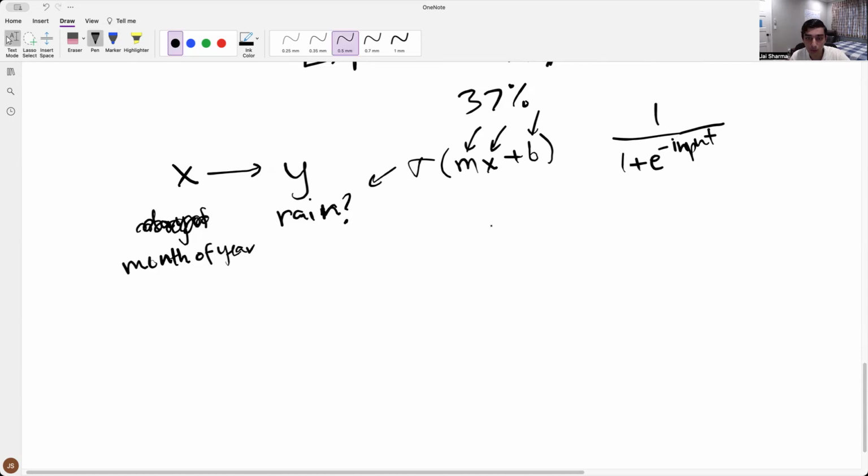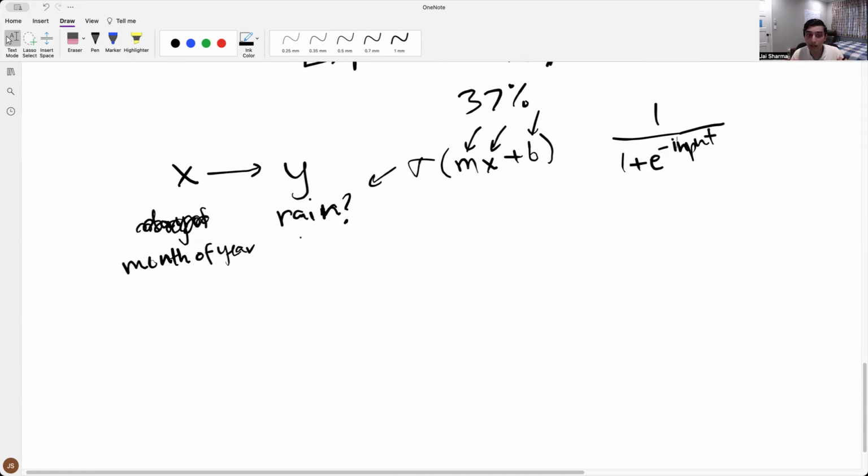After this, we get a probability of whether or not it would rain, and then we make a decision based on whether or not it's greater than a 50% chance that it's going to rain.